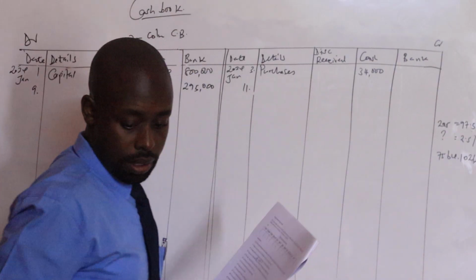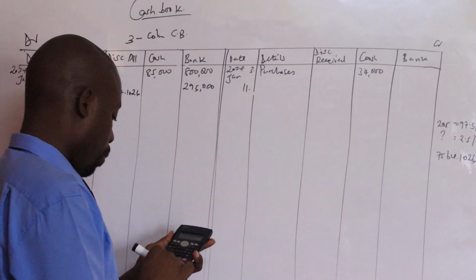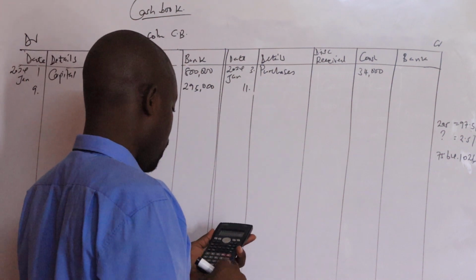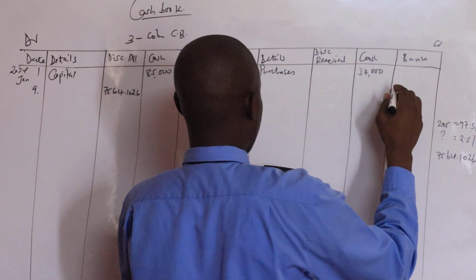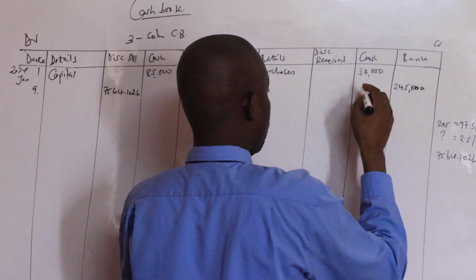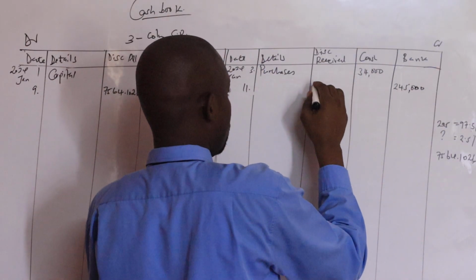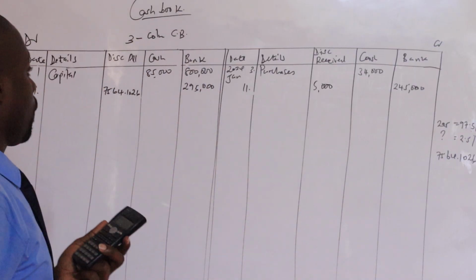We paid 98% of that 250,000. So 0.98 of 250,000 is what we paid, which is 245,000. From 250,000, the balance is the discount we received. That is 5,000.